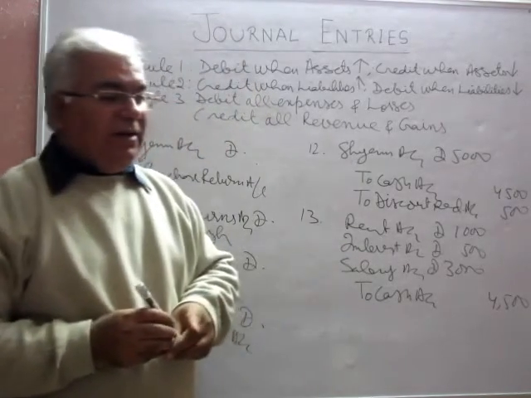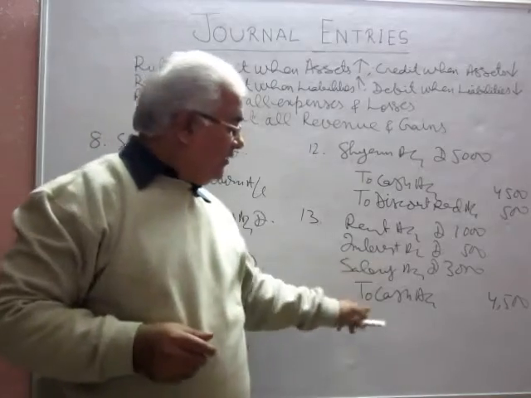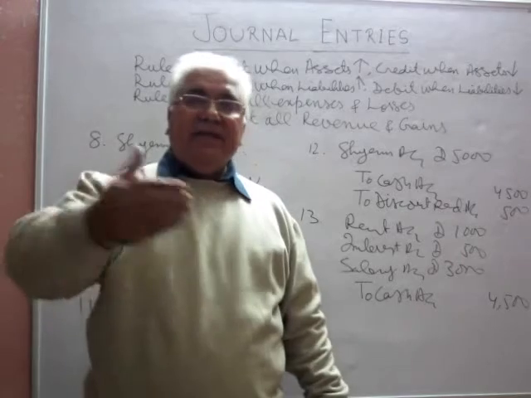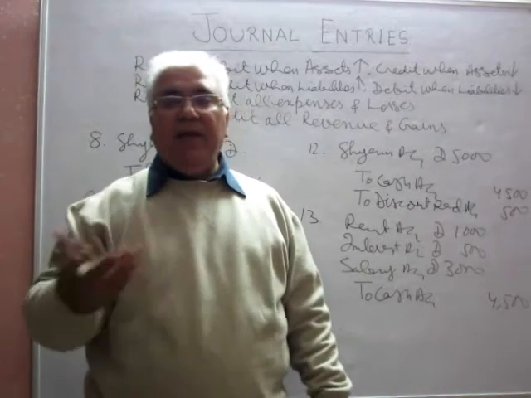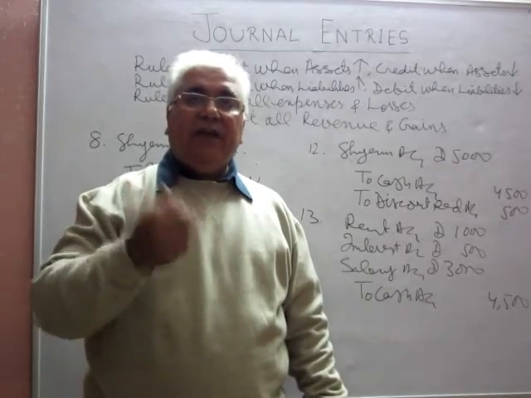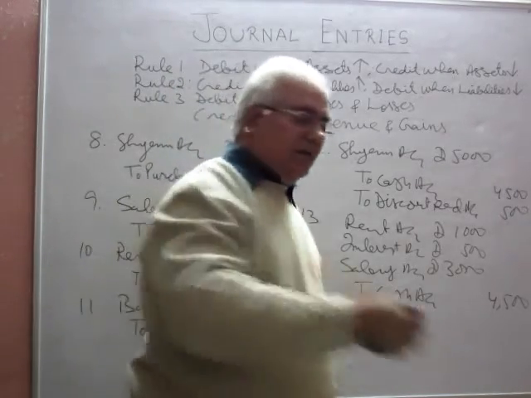Now, this is a case where we have received discount. For example, if somebody pays us before date, we may also allow some cash discount. In this case, what kind of an entry will be made? Let us see that.